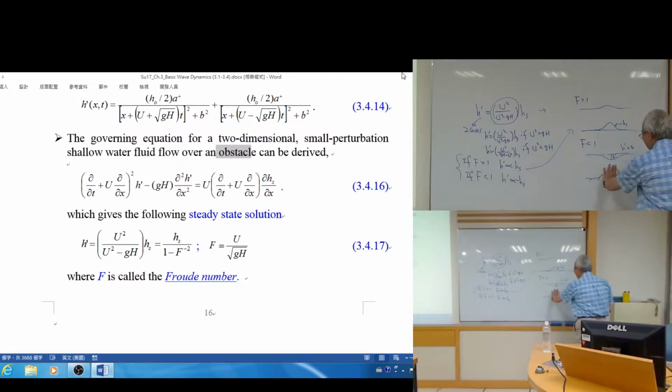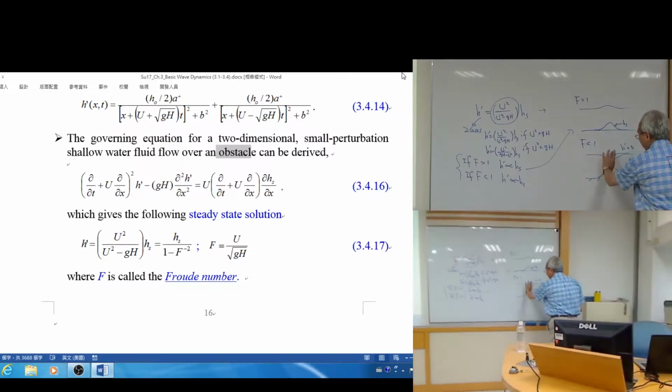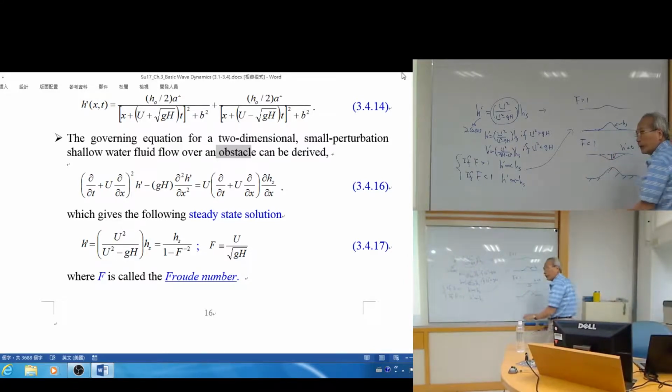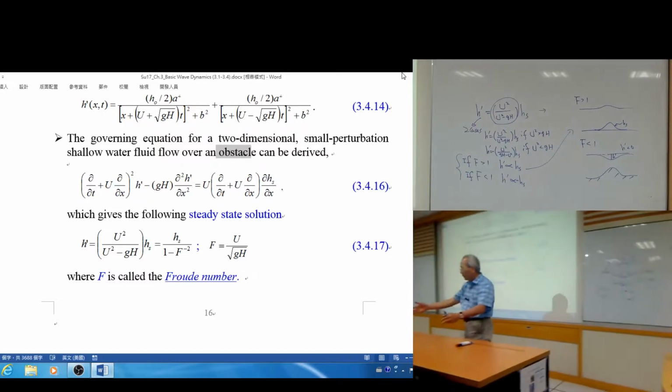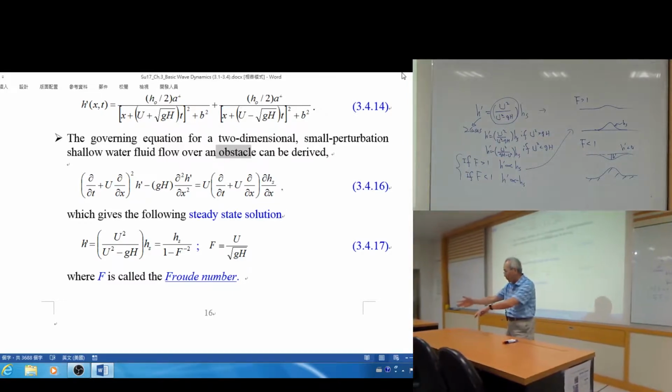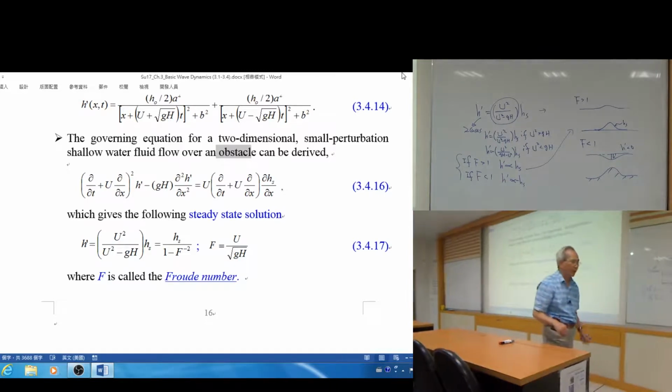So if we have a mountain, bottom topography here, this will become negative. So that is difficult to understand, right? Because flow comes in, and when you have a mountain, it's supposed to go up, but it goes down. So we're going to explain this quickly.